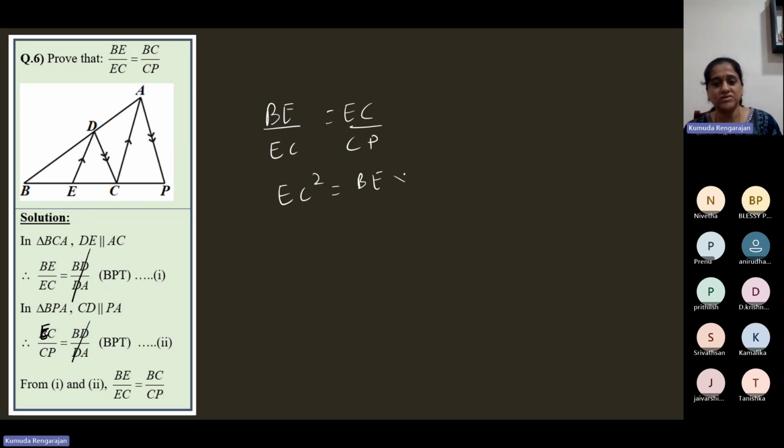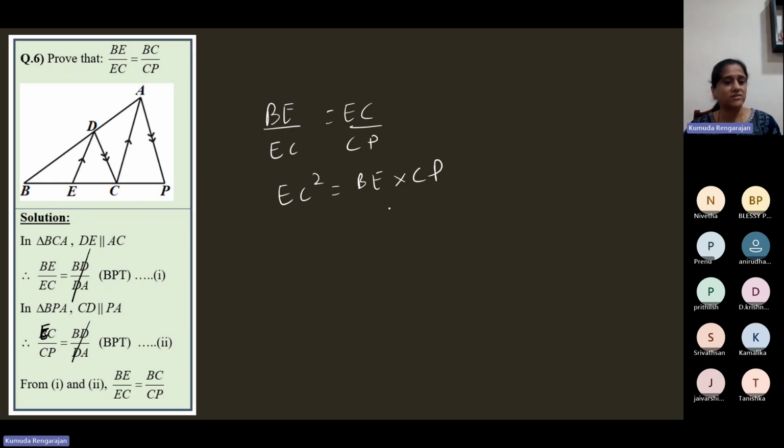What's the result you will get? BD by DA, BD by DA. So you get BE by EC is equal to EC by CP. So when you cross multiply, what will you get? EC square is equal to BE into CP.